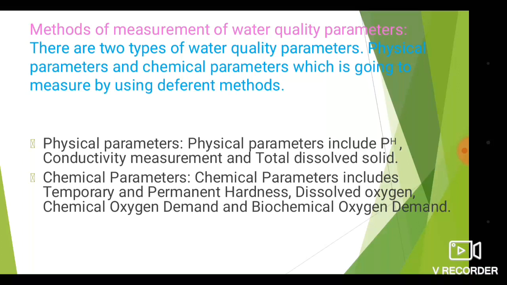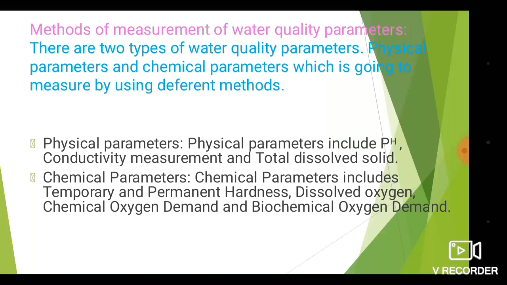There are two types of water quality parameters: physical parameters and chemical parameters, which are measured using different methods. So what is meant by physical parameters? The physical parameters include pH, conductivity measurement and total dissolved solids.